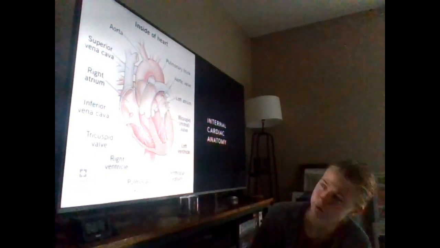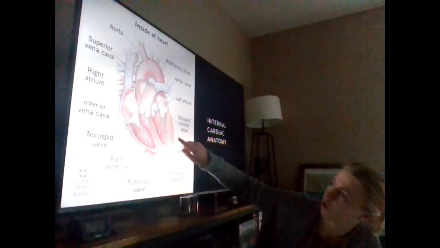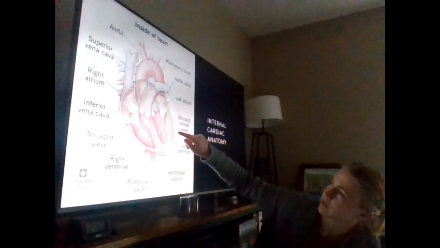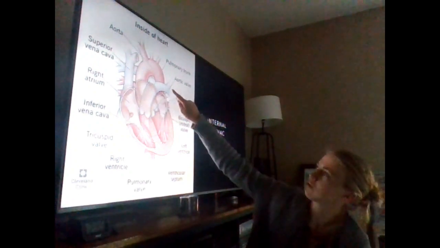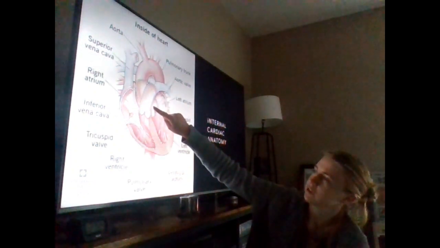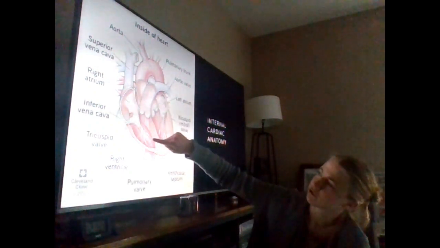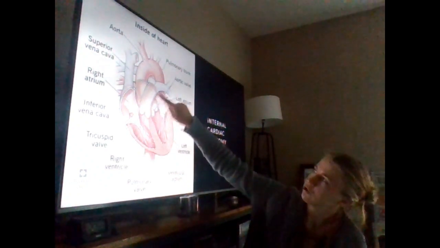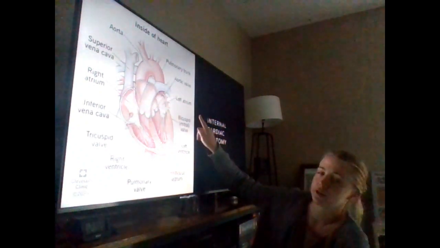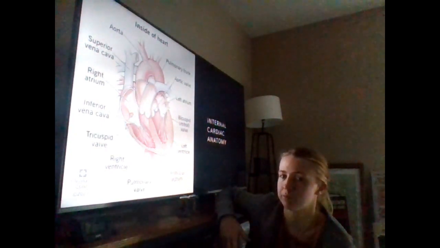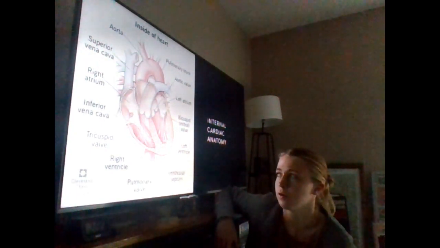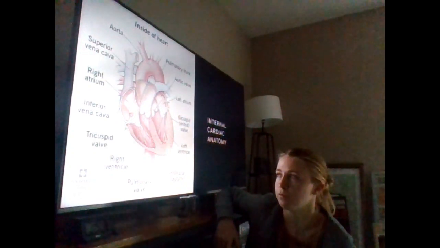Next, we'll go into our arteries and veins. So you have your pulmonary artery right here. This will take used, deoxygenated blood from your right ventricle to your lungs. This is the only artery in your body that carries deoxygenated, used blood in it.